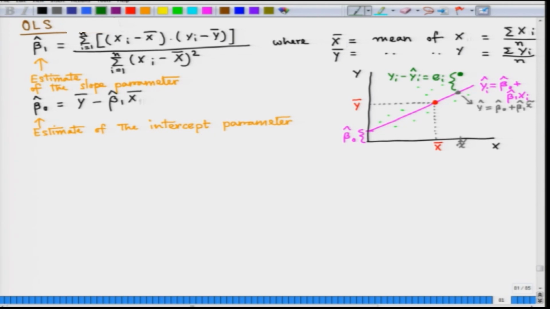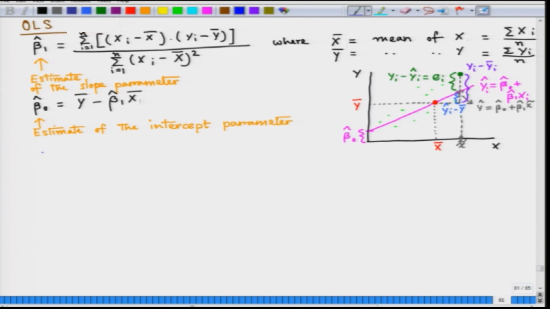And for the diagram's completeness sake, let me extend this y bar. Now we are going to see some important concepts which emerge from this method.